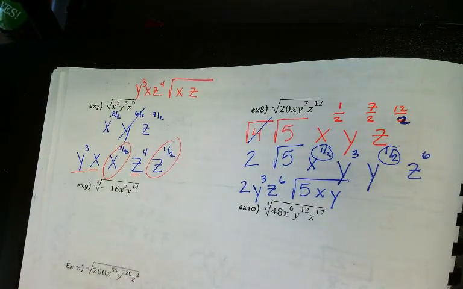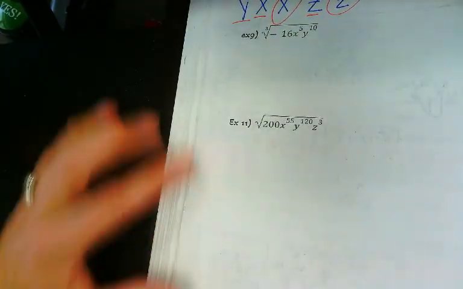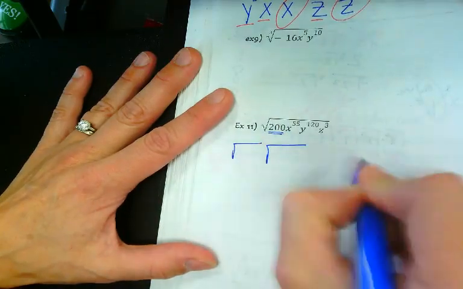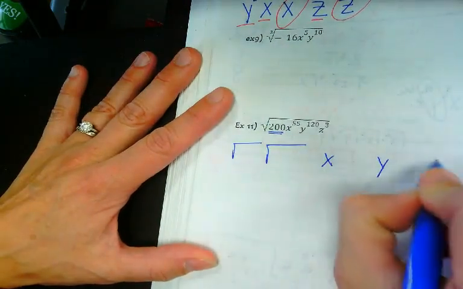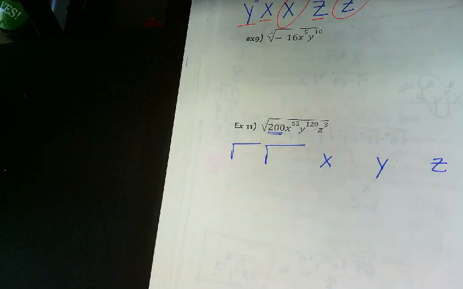Let's skip down into 11 just because it's a square root versus the other roots. 200 is not on our perfect square list, so break it up and rewrite each of these. Yes. At the end, you want to put them all back in the same root.